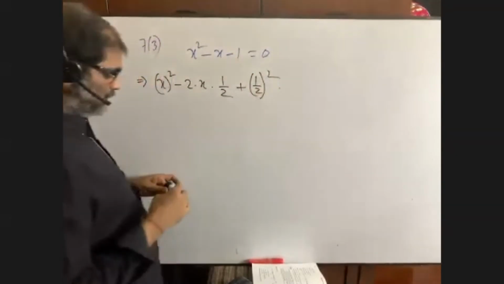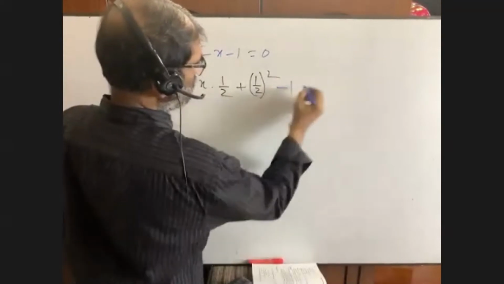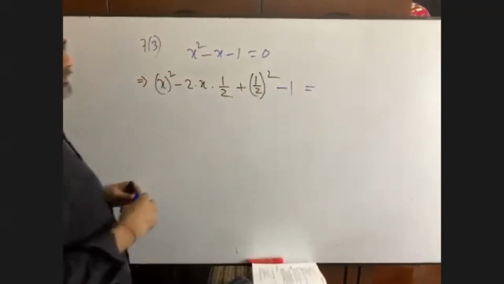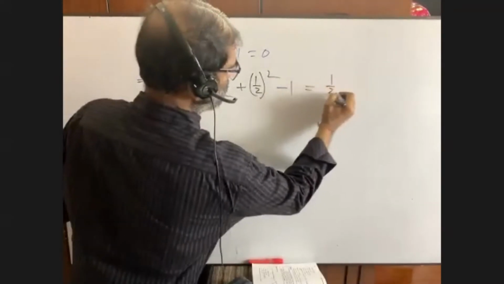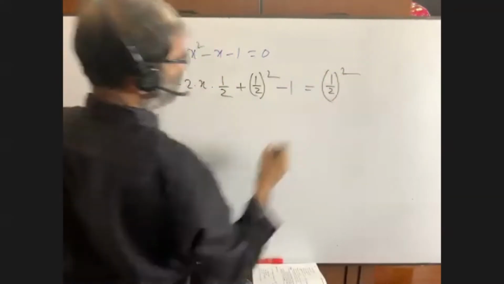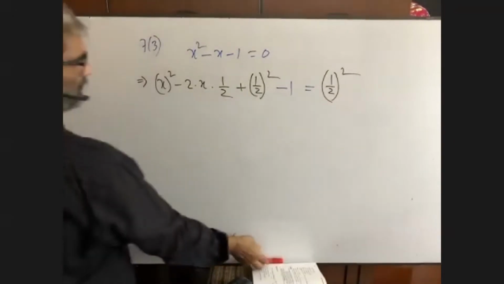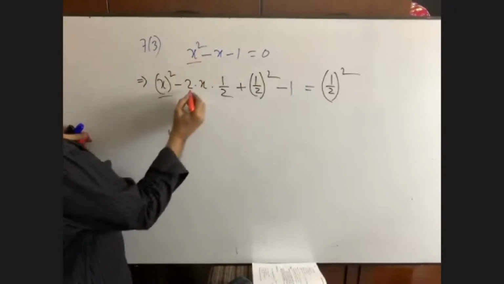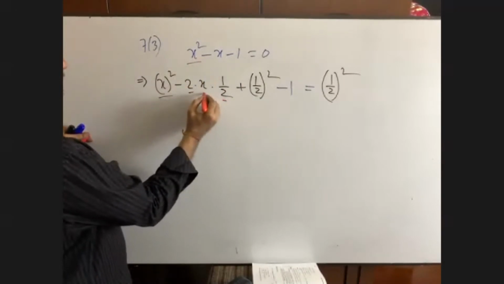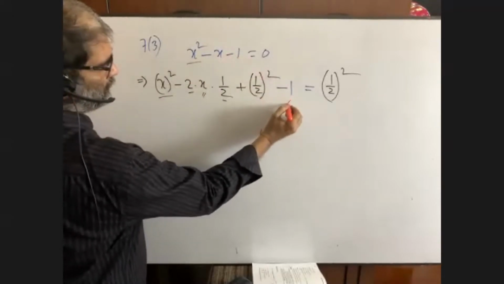Write down that minus 1 is equal to, who can tell me? 1/4. Yes, you are absolutely right. What is happening here? All of you pay attention. This is x square, this is x square. 2 will be omitted, so we'll be left with x. This is minus 1, this is minus 1.